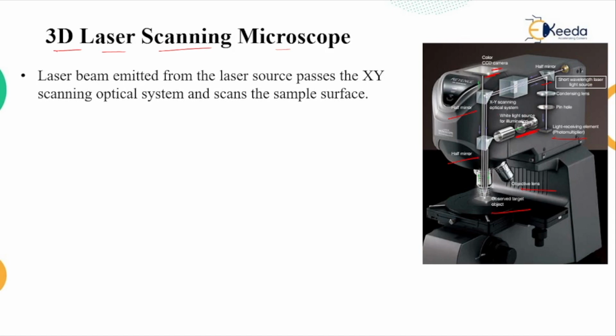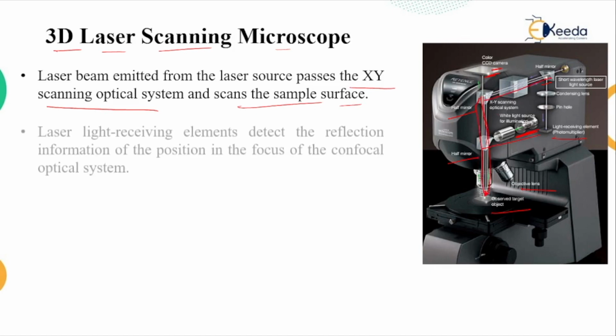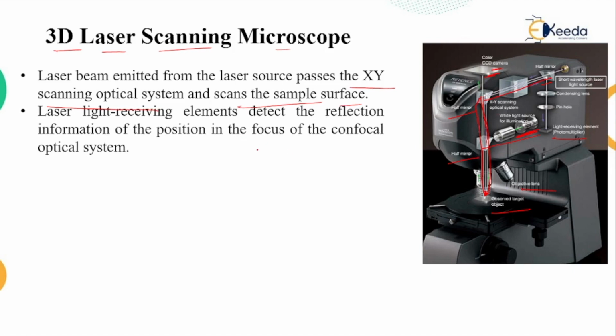The laser beam emitted from the laser source passes the XY scanning optical system and scans the sample surface. Here light comes, then it goes in this direction, again comes back here, then goes back here. Laser light receiving elements detect the reflection information of the position in the focus of the confocal optical system.